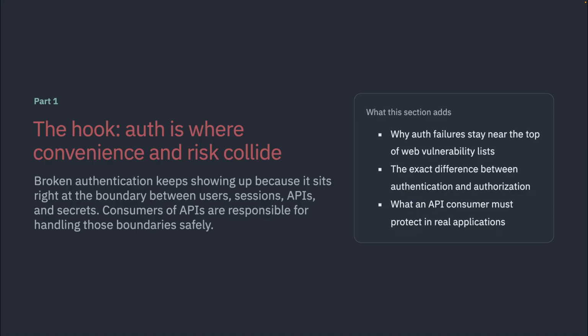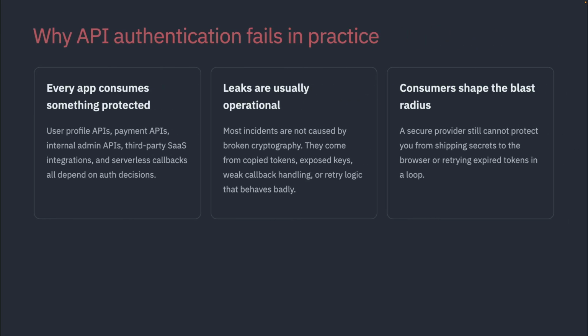Now, the difference between an application and a REST API is that RESTful services should be stateless, and we need to see how we can handle the stateless part in the API. Every app consumes something protected, like your profile, payments, internal administration APIs, third-party software as a service, that kind of information.